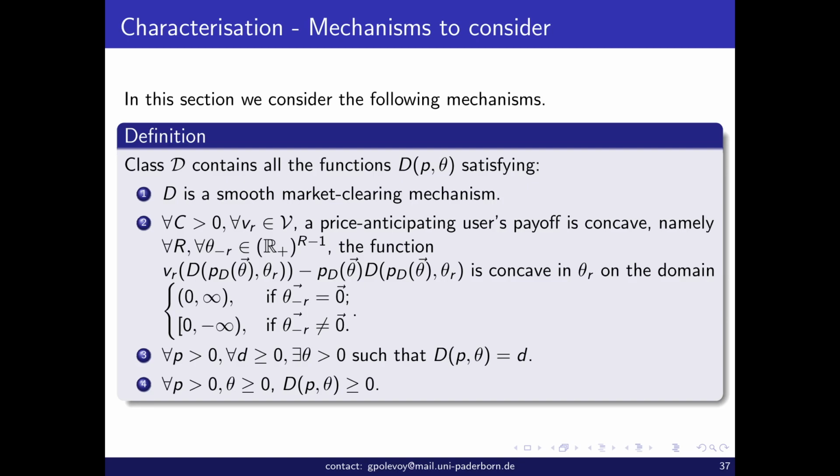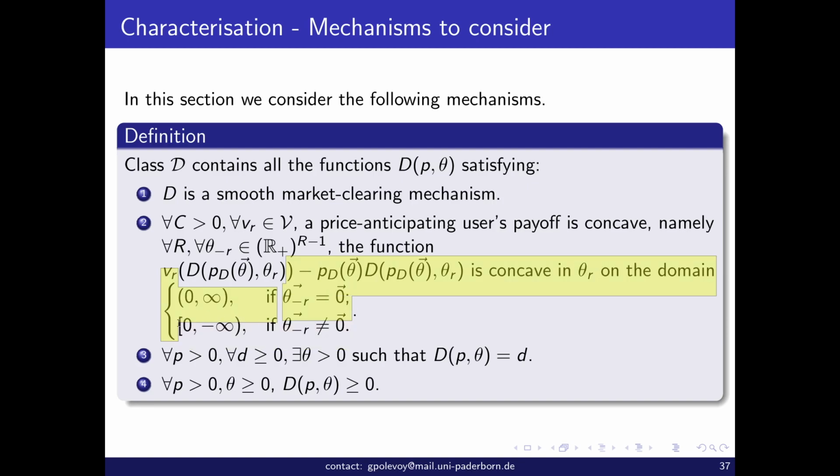Then some other properties. For each player, the price anticipating utility is concave. Namely, for any number of players and for any bids of the others, the function of what I get, my value for what I get minus what I pay for what I get, is concave in my bid on the domain of all the strictly positive reals if the other bids are not all zero.